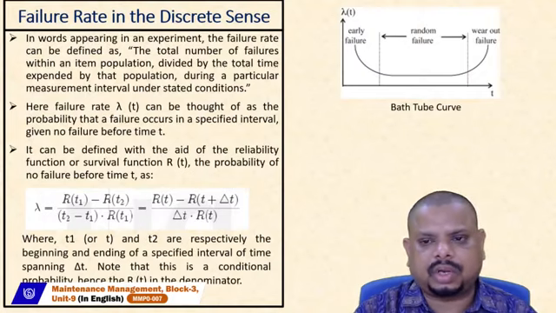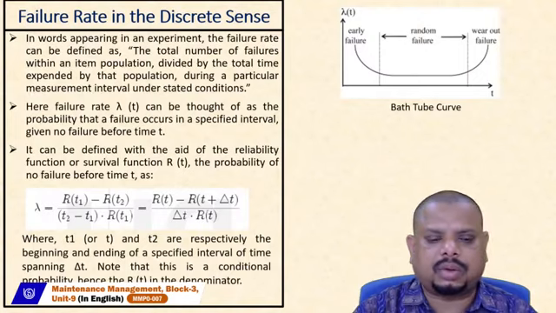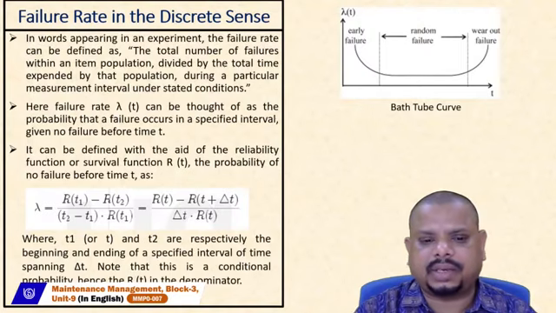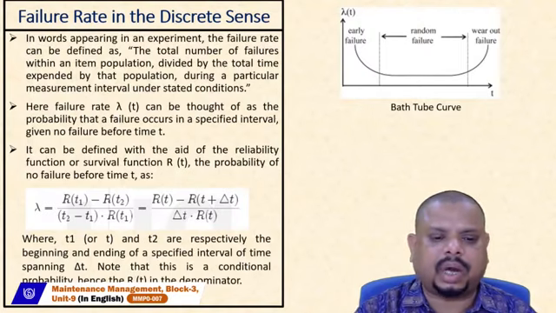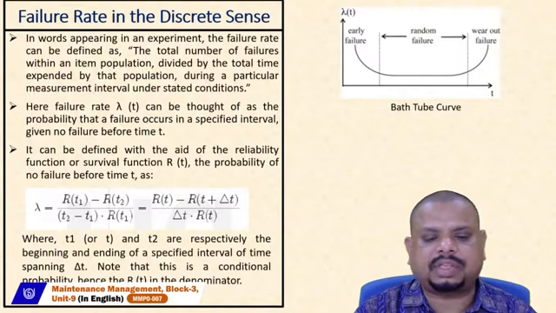If you go for a further expression from the mathematical point of view, lambda equals R(t) minus R(t plus delta t) divided by delta t into R(t). Here t1 and t2 are the beginning and ending of a specified interval of time spanning delta t.